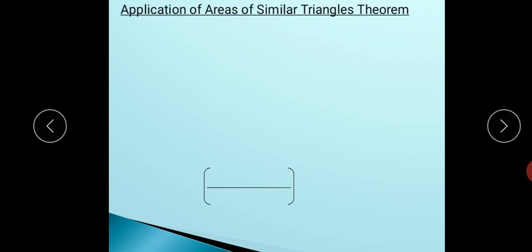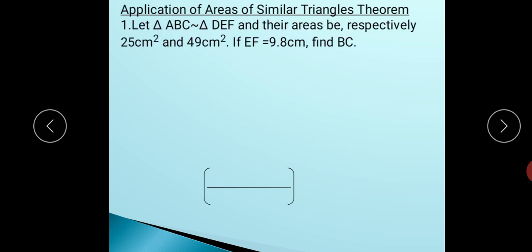I think this is on the application of areas of similar triangles theorem. There are two similar triangles, and the areas are respectively 25 and 49. And one side of triangle EF is given.